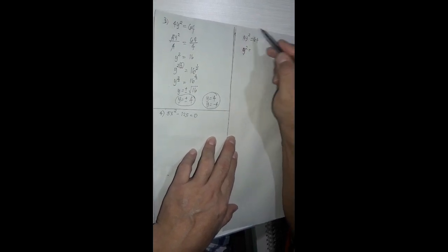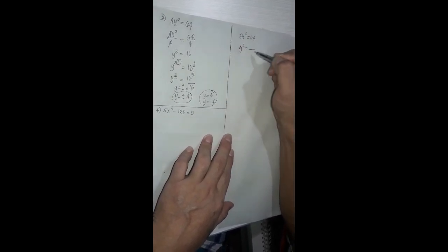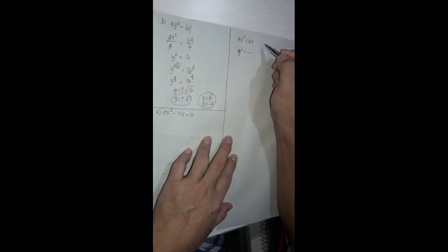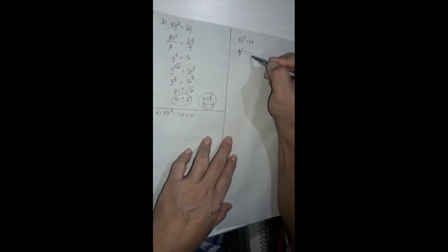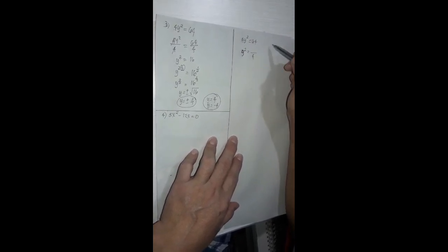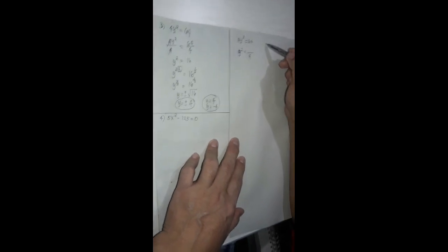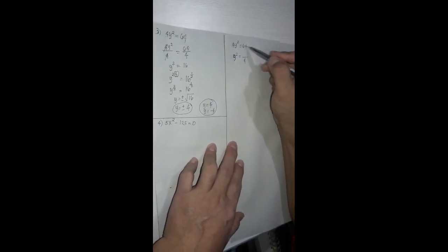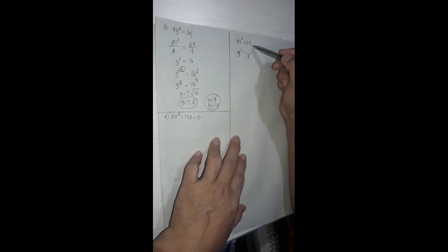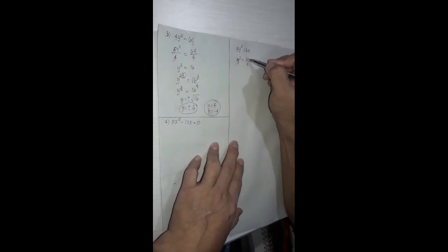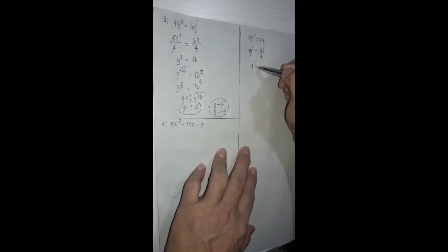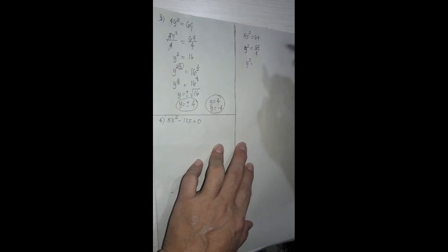So in transferring this to the other side, it becomes the denominator of the terms at the right side. If there are many terms, all the terms at the right side become the numerator. Since we have only one, we have 64 as our numerator. So y squared is equal to 64 divided by 4.